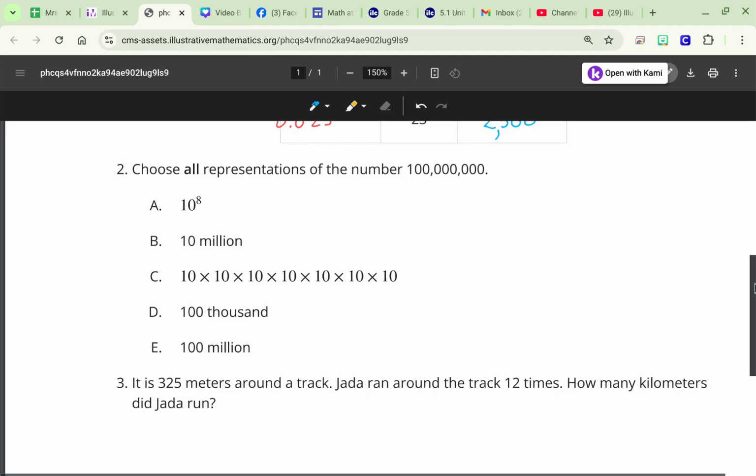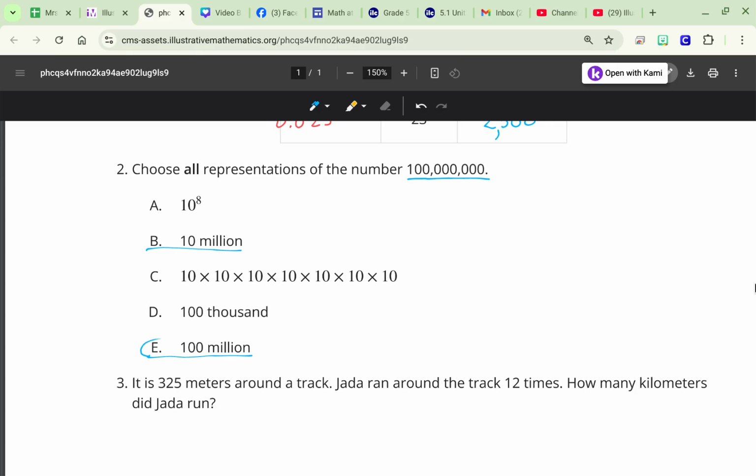So as I take a look at the number that is provided, I see 100 million, right? 100 million. Now right away that tells me that either this B or this E can be correct, but not both of those. What I said in word form was 100 million.